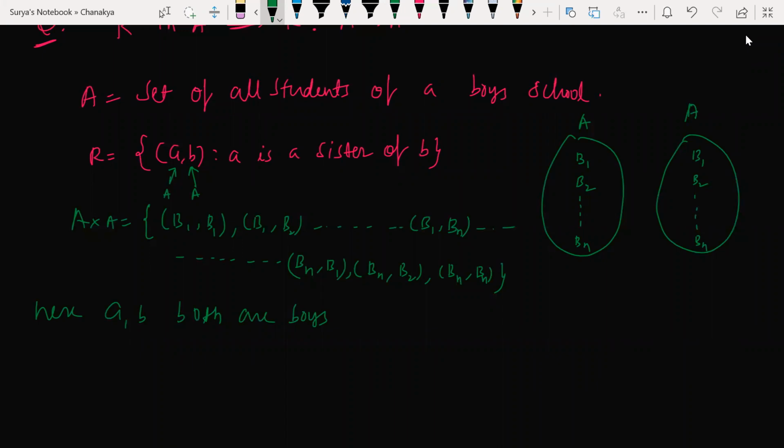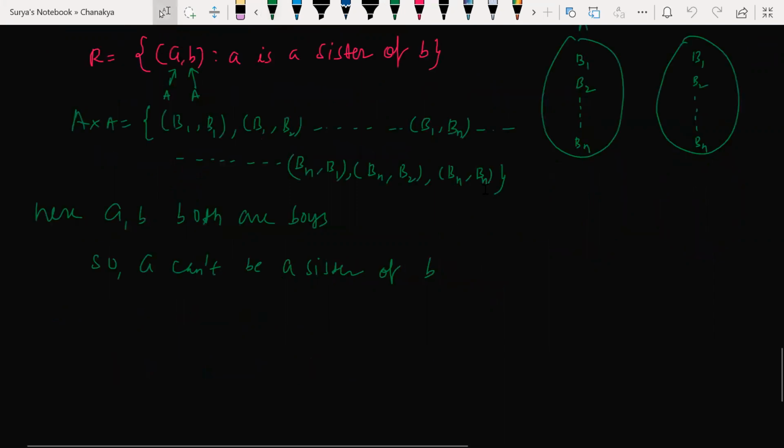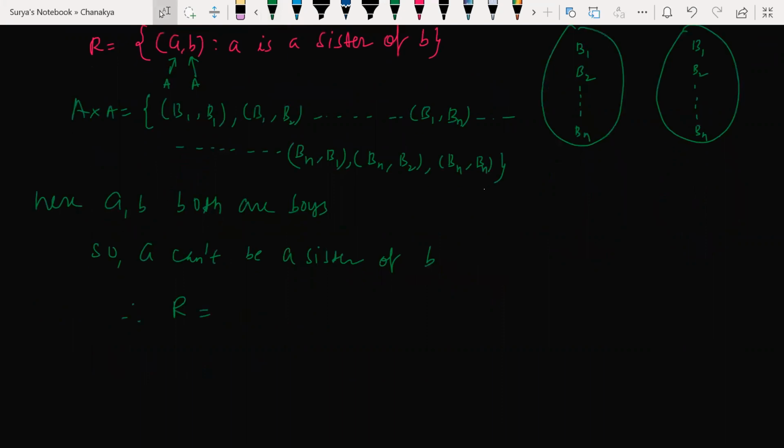So a can't be a sister of b. Correct? So what type of relation is this? It is an empty relation. Therefore, R is an empty relation.